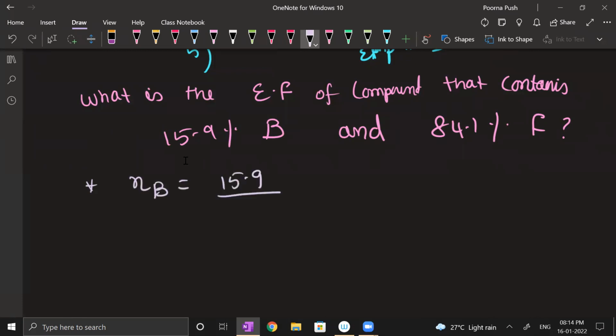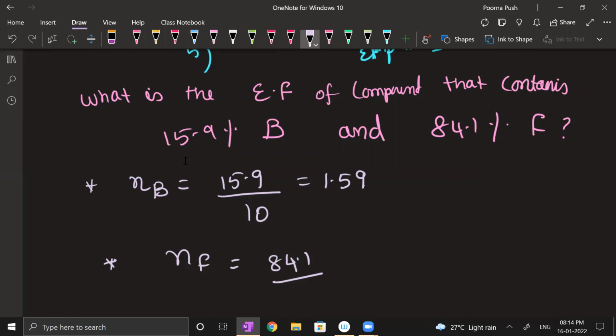Number of moles of boron: 15.9 divided by the atomic mass of B. What is the atomic mass of B? 10. So that gives 1.59, about 1.6. You can take 10 here.